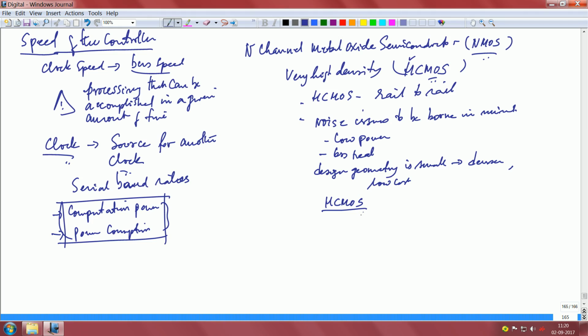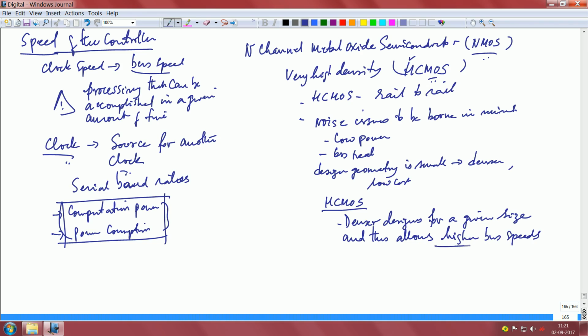It will not only allow for denser designs for a given size, and thus allows higher bus speeds, okay. And if you say it is a denser design, means it is also low cost.